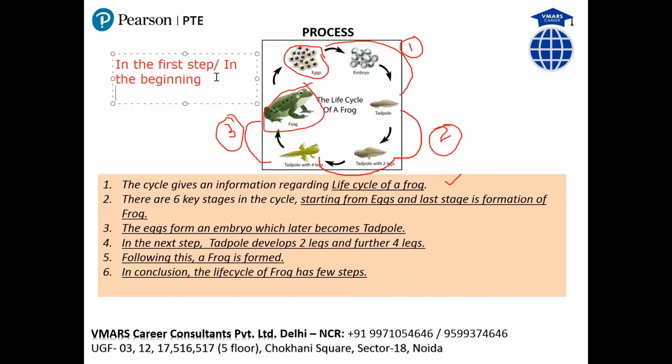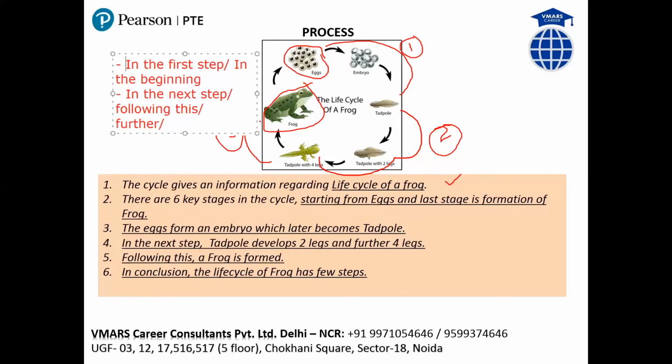And then if you want to tell about the second, what is the second step, you can use in the next step, or you can write following this. Okay, and then you can also use further. So you can use these for making the connections of the further steps, and this will be for the first step.